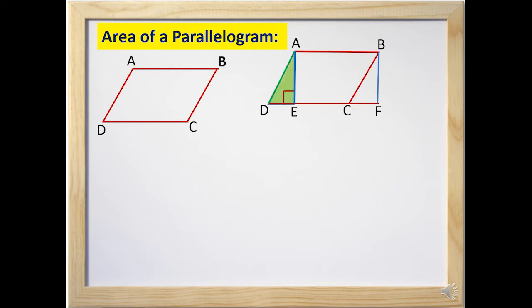See, this triangle AED is congruent to triangle BFC. And that means the breadth of the rectangle ABFE is equal to the height of the parallelogram ABCD.